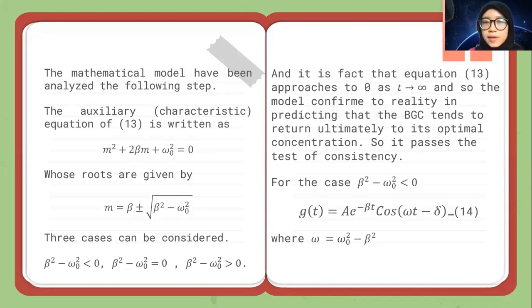For the case beta square minus omega 0 square smaller than 0, G(t) equals A e to the power minus beta t cos(omega t minus delta). That is equation 14, where omega equals the root of omega 0 square minus beta square.